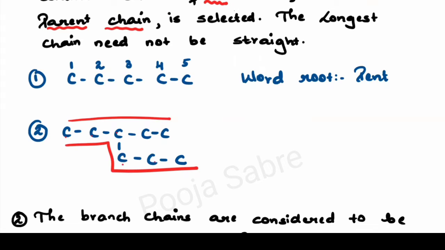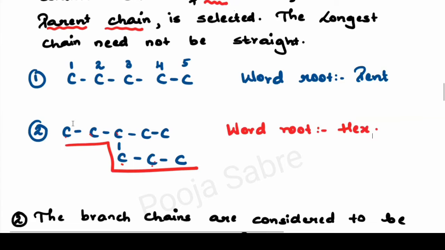Either I can go along a straight chain which contains 1, 2, 3, 4, 5 carbons, or the Z chain in which it contains 1, 2, 3, 4, 5, 6 carbons. So definitely I will be taking the longest chain as the 6 carbon containing one. So my word root in this case would be hex.